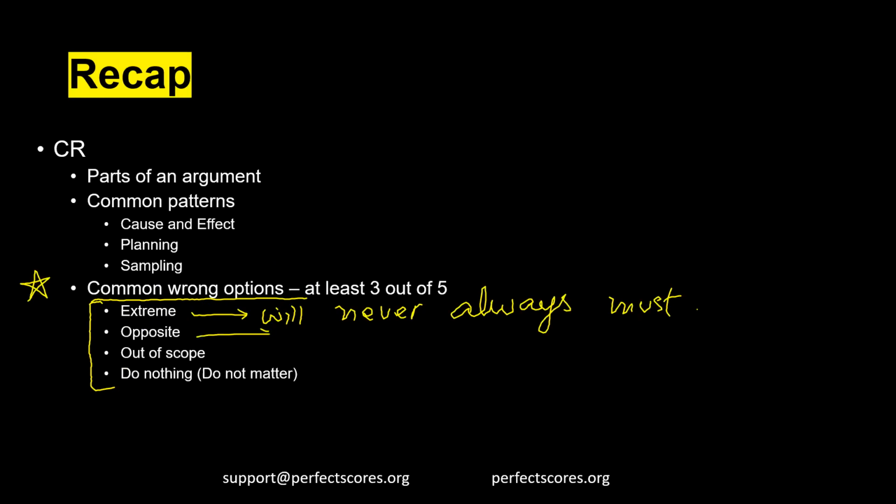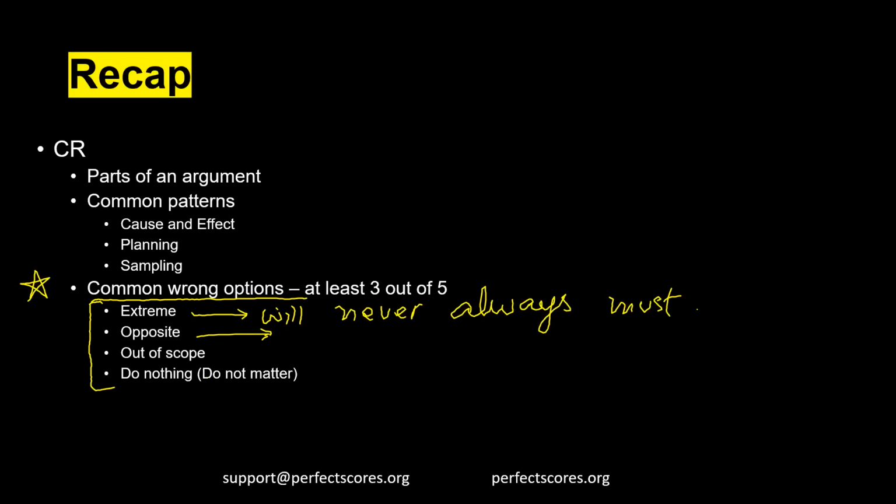Then there are options that do the opposite of what you want. For example, the question is asking how you strengthen this argument, but that particular option is weakening the argument. That is, again, a very common wrong option.